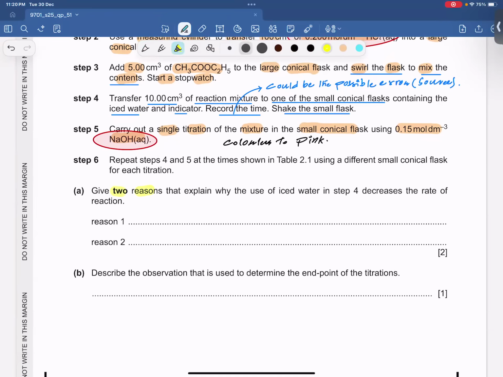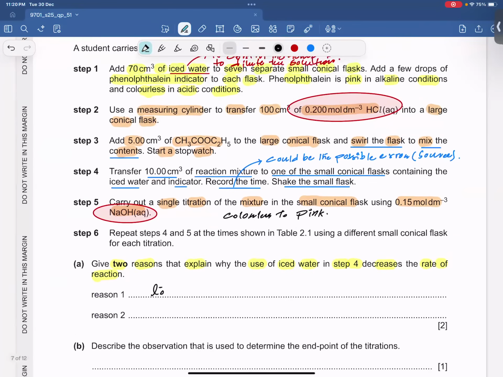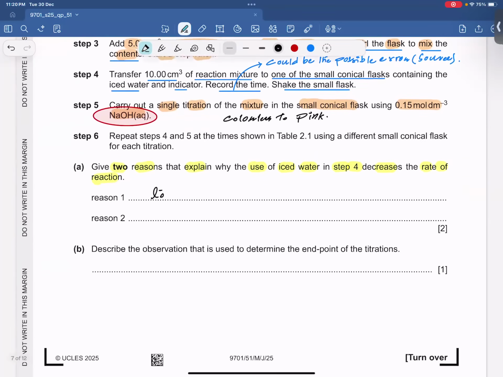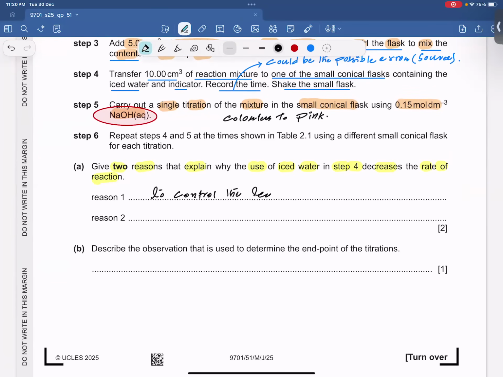Part A, give two reasons that explains why the use of ice water in step 4 decreases the rate of reaction. So technically, to control the temperature.